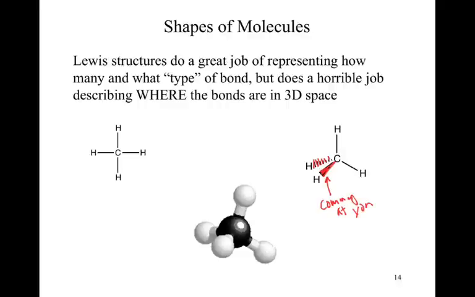And the dash means it is going away. So it's behind you. If we look at how the video actually froze, we have the in the plane bonds, plane of our paper, and then we have the coming at you bond, and we have the going away from you bond. Okay? We're just trying to represent that a little bit better.